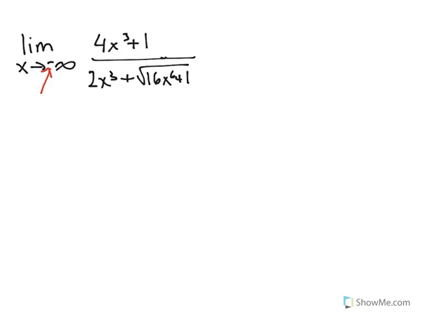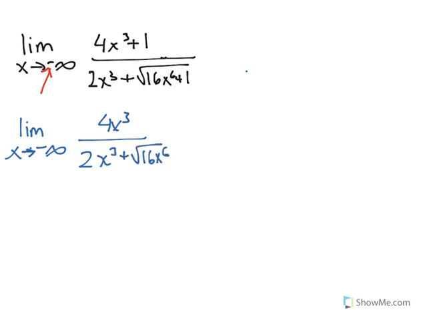Again, that's just because we're taking this limit to infinity. So this is the same thing as the limit as x approaches negative infinity of 4x cubed over 2x cubed plus the square root of 16x to the 6th.